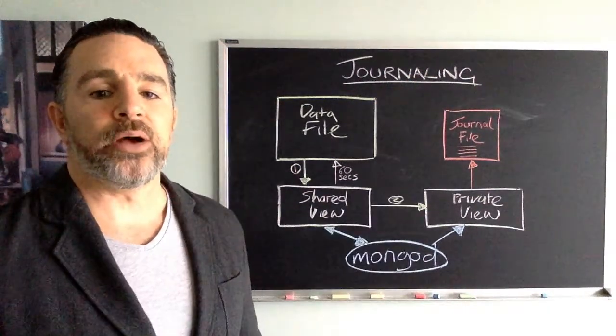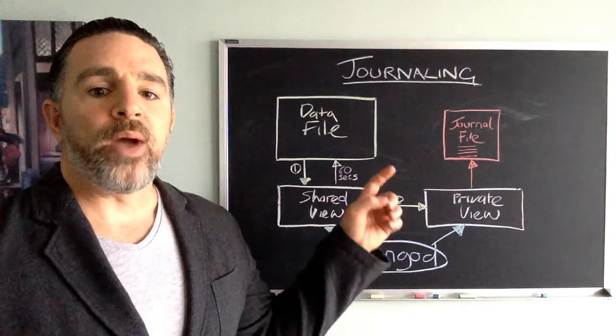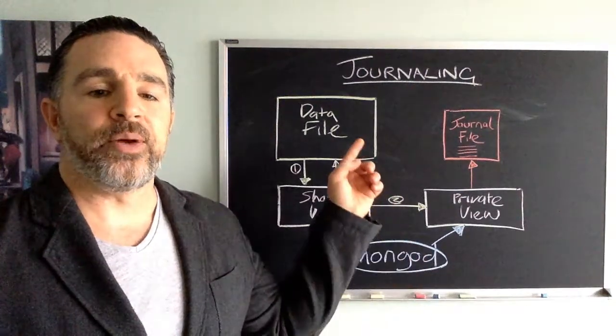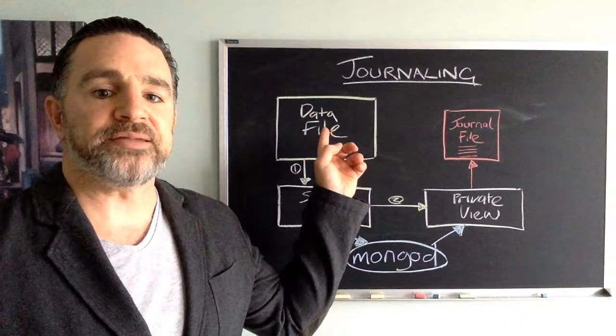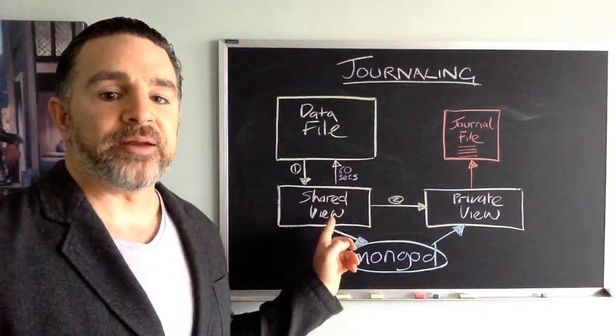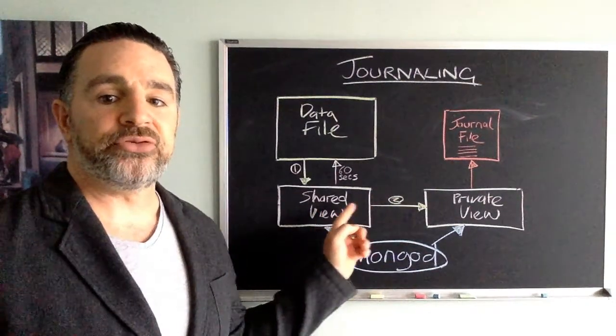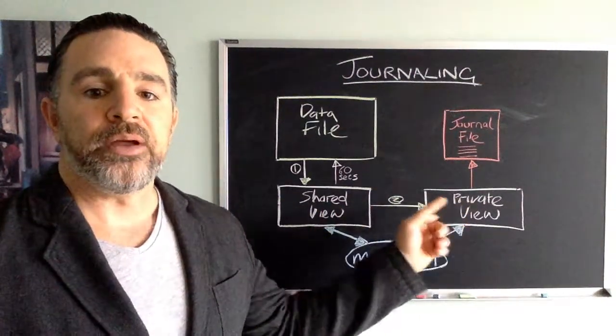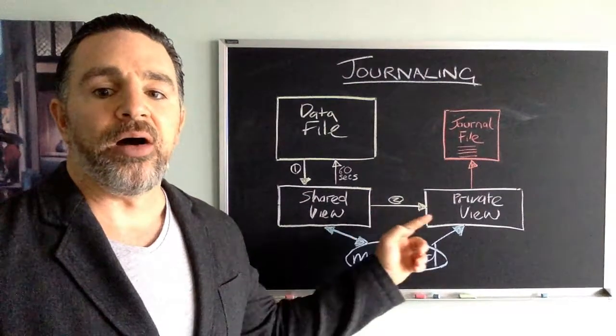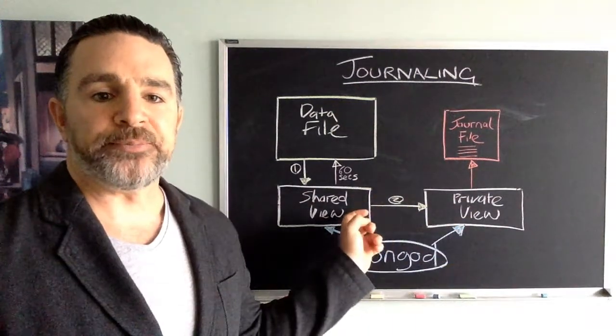So the way journaling works is, again, when you first start up your MongoDB service, your data file is going to map to your shared view, but it's also going to map to something called a private view, which is pretty much a replication of this shared view.